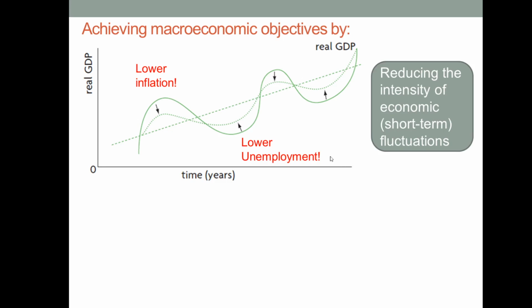But we still have one more left, one major objective that we want to achieve. What is that? If we do that, we can achieve price stability and full employment. So there's one major objective we would like to achieve.